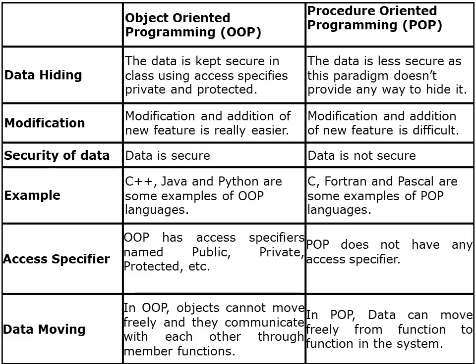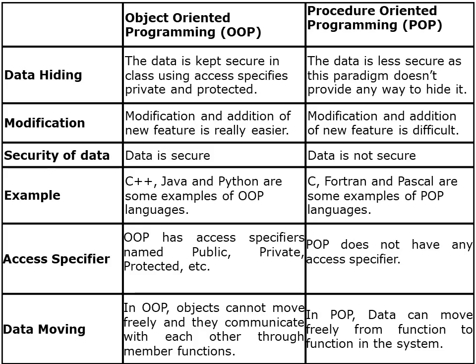Ninth, examples of languages. In object-oriented programming, the languages used are C++, Java, Python. For procedure-oriented programming, languages are C, Fortran, Pascal, etc. Tenth, access specifier. In object-oriented programming, there are different access specifiers such as public, private, and protected.